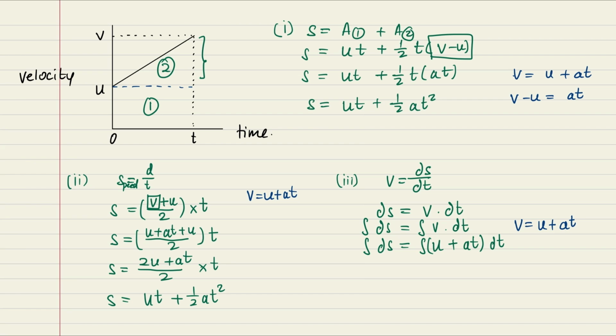So the change in the distance or the displacement here is simply going to be s. So s is equal to, now if we integrate this right hand side, we're going to get ut plus half at squared, since a is a constant. And that's a few ways that we can derive the second equation of motion.